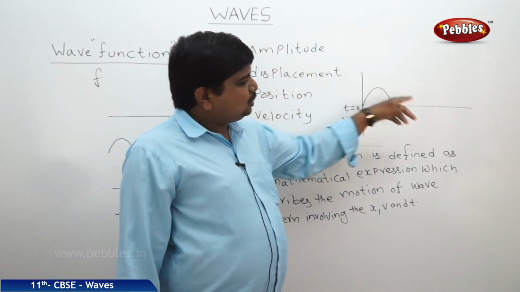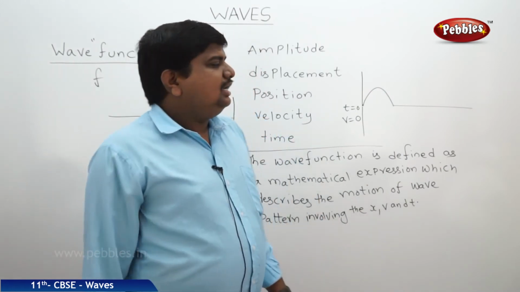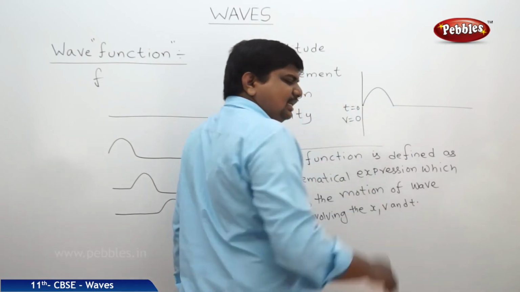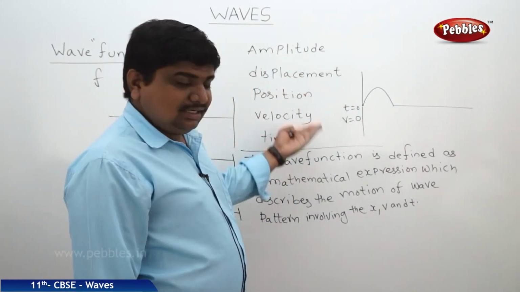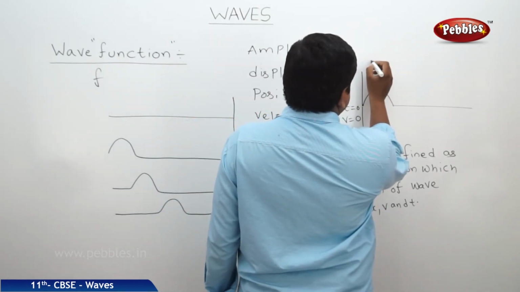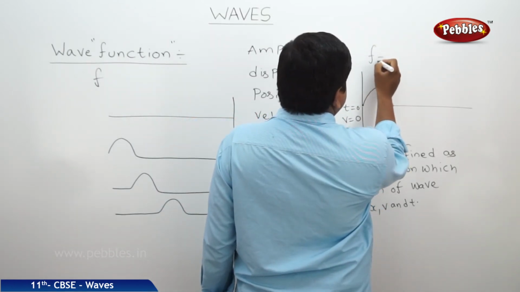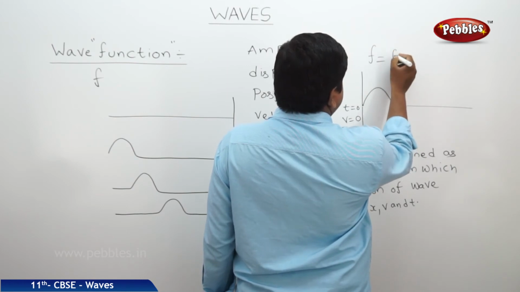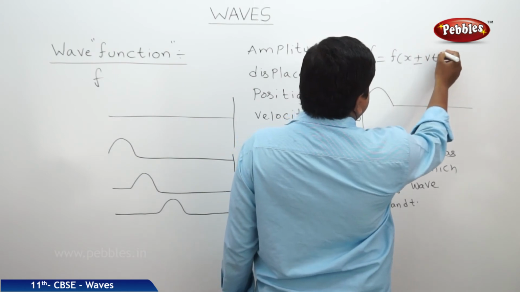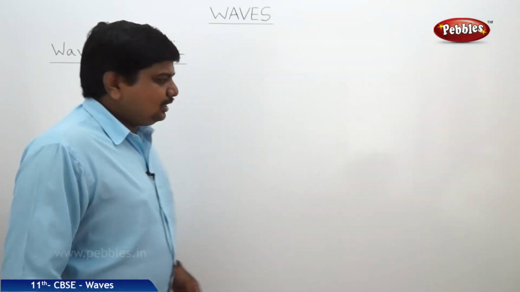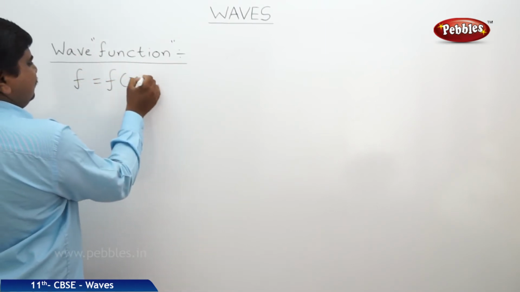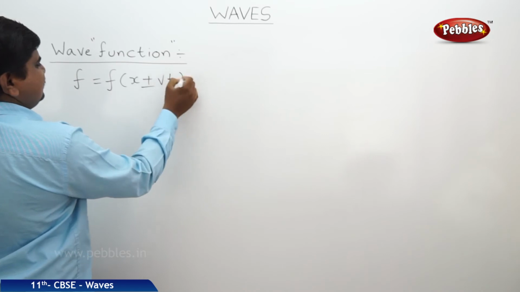This is moving towards the forward direction. If suppose the motion has started from the second end and moving towards the origin, then these two cases will be expressed in a mathematical form like this: f is equal to f of x plus or minus vt. So the equation we have written is f of x plus or minus vt.